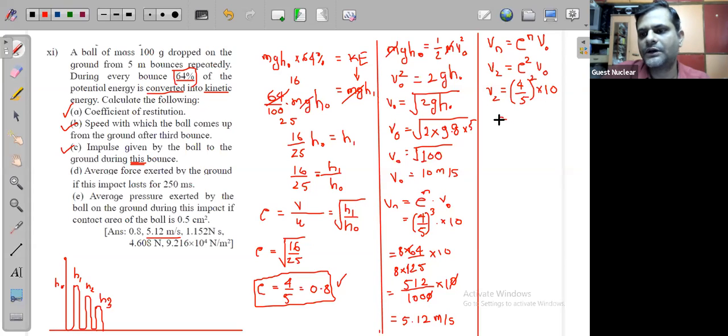So if you try to find v2, then we can get this as 4 squared, which is 16 upon 25, and that is to be multiplied by 10 again. Now about 25 you must already know that 25 into 4 is 100. So in order to make it a multiple of 10, we have to multiply and divide by 4 here.